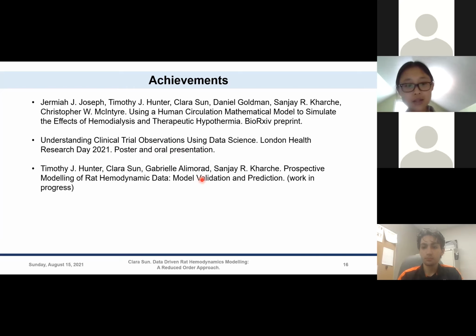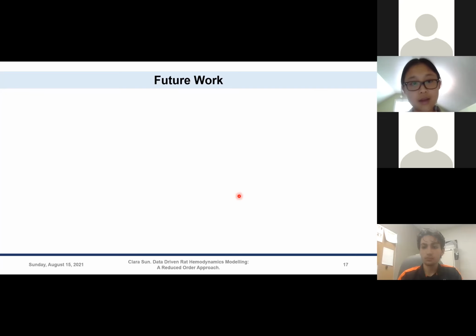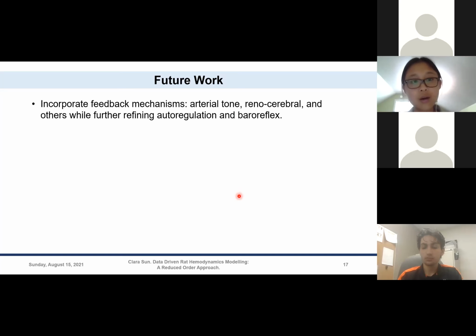Our current project focuses on the prospective modeling of rat hemodynamics, specifically model validation and prediction. In the future, the model can be expanded by incorporating other feedback mechanisms such as arterial tone, renal and cerebral, while further refining the anticipated autoregulation and baroreflex.